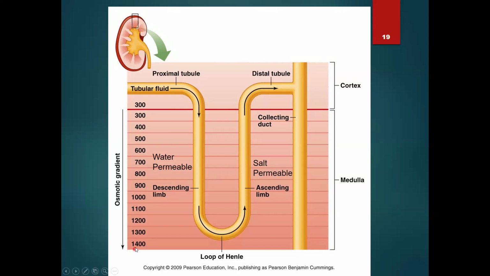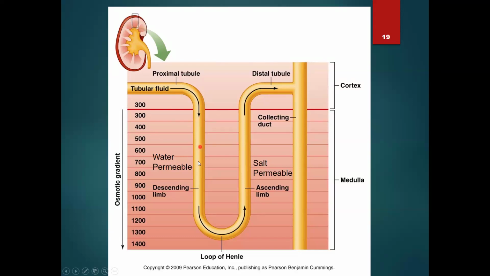The higher the number, the more concentrated it is. The more ions there are, the less water there is. So as we go down the descending loop of Henle, the urine becomes more and more concentrated and more salty. That is because the water is streaming out of this descending loop of Henle. It's water permeable and streaming into the very salty blood next to it.